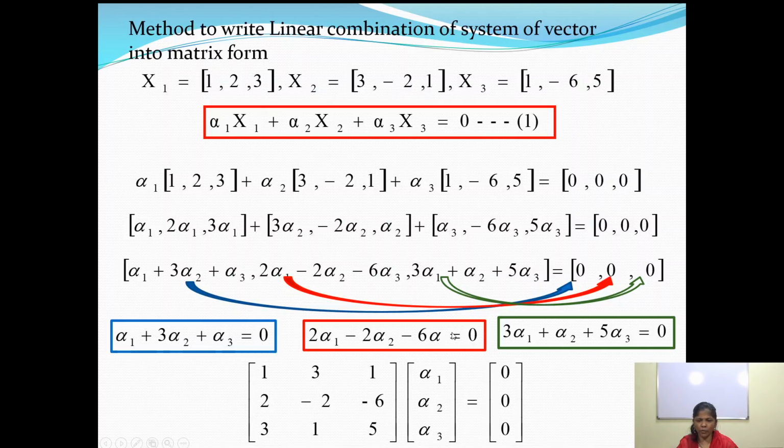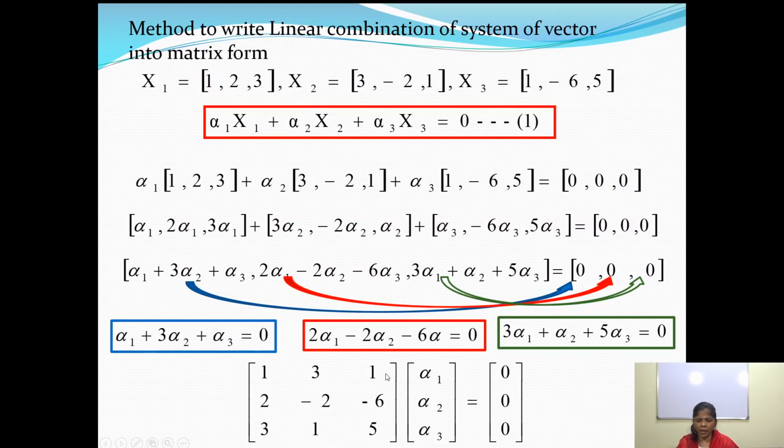Similarly we write the coefficients of the second equation as the second row, and finally the coefficients of the third equation as the third row. Then times the unknowns alpha 1, alpha 2, alpha 3, equal to the right hand side matrix, that is 0, 0, 0. So like this we can write a linear combination of a system of vectors in matrix form.